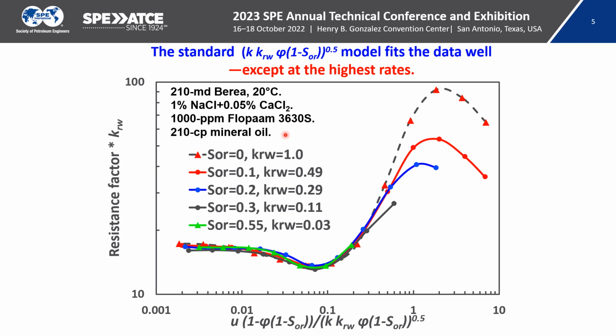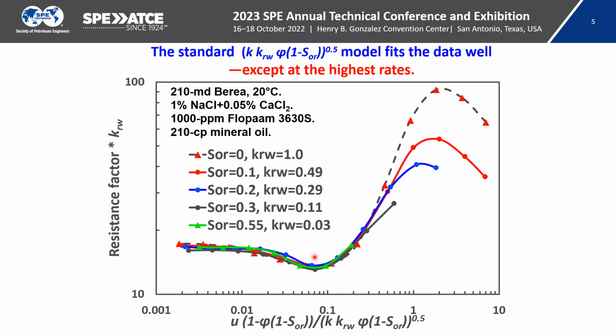And you can see we've determined polymer rheology in porous media for this particular formulation at 5 levels of oil saturation, ranging from 0 up to 0.55, and that translates to relative permeabilities to water ranging from 1 down to 0.03.